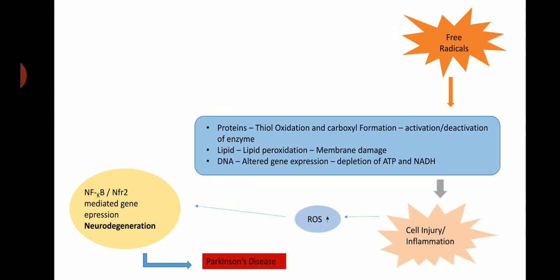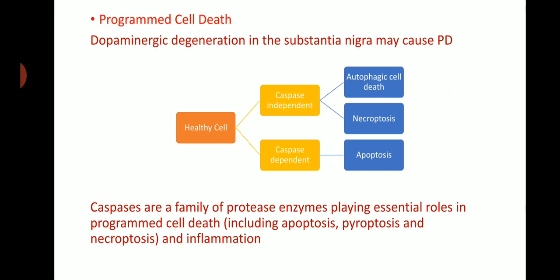After that, NF-kB or Nrf2, which regulates gene expression, will become dysfunctional and neurodegeneration can occur. And after the neurodegeneration, we can see Parkinson disease.